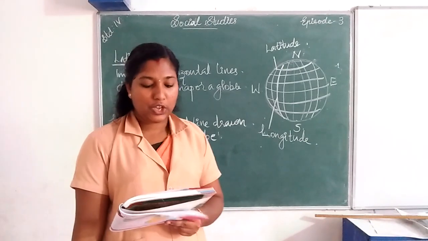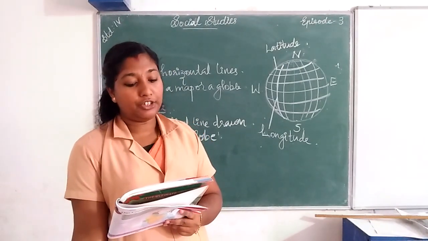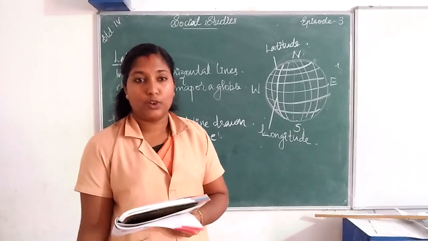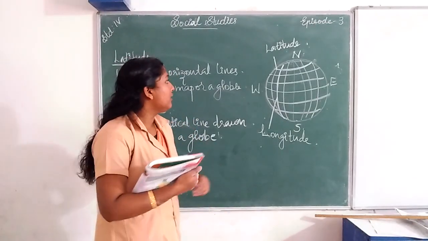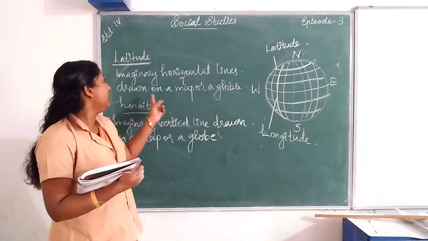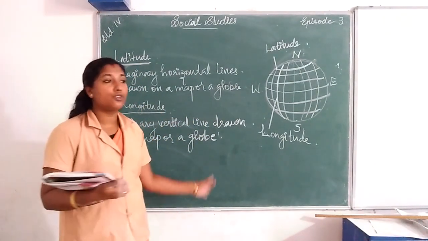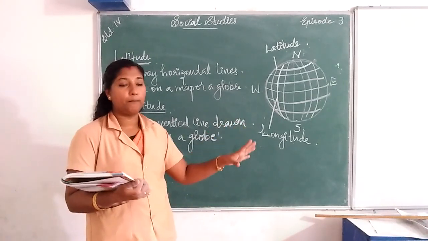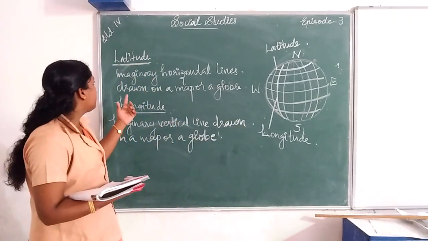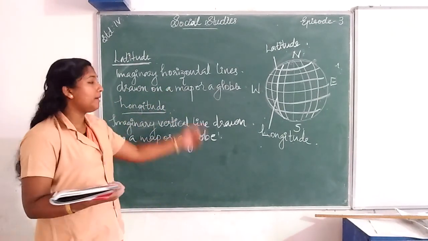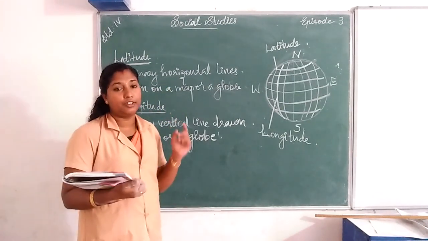What are latitudes and longitudes? We learned today the two types of imaginary lines drawn on a globe or a map. The imaginary horizontal lines drawn on a map or a globe are called latitudes.